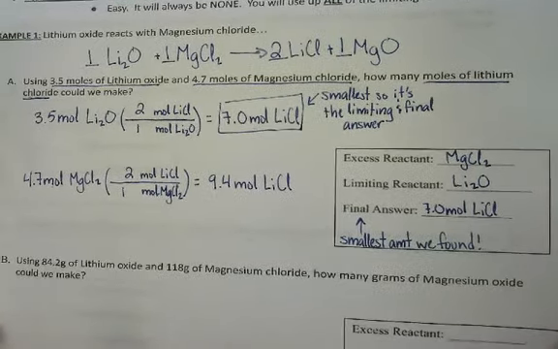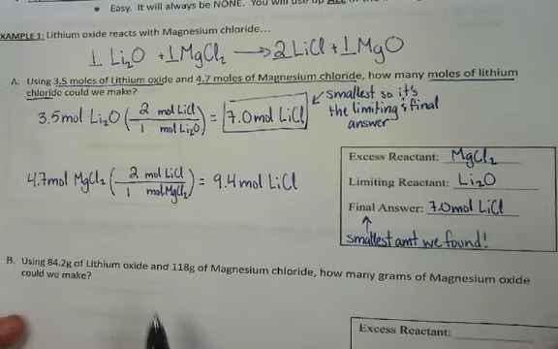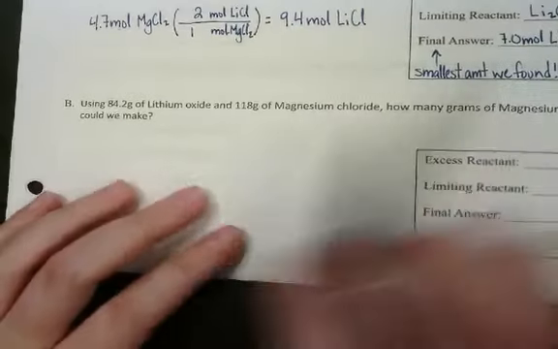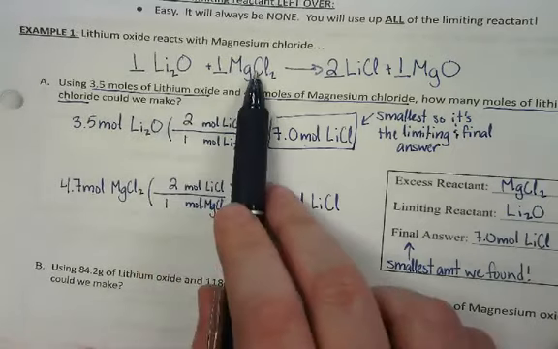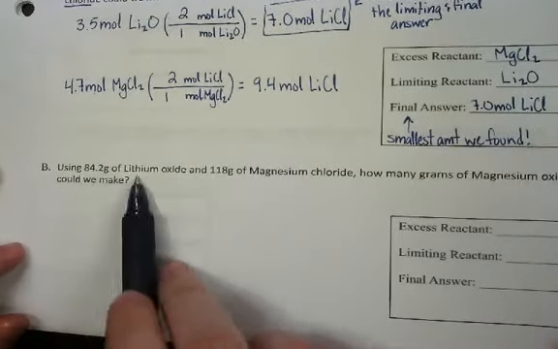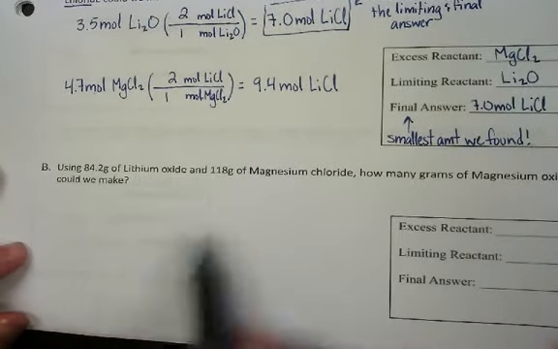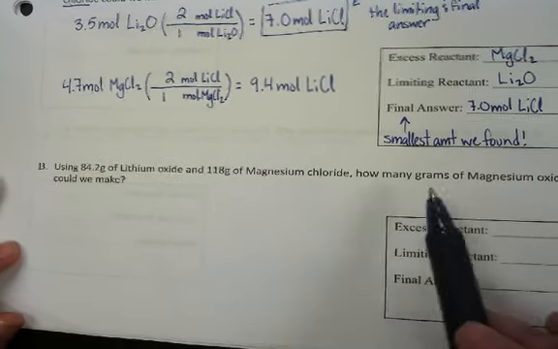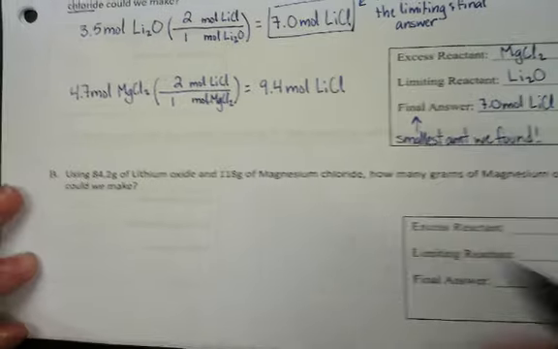Okay, we're going to do this one more time, but now we're going to go from grams to grams. So we're using the same reaction, lithium oxide plus magnesium chloride, to get lithium chloride and magnesium oxide. We're going from 84.2 grams of lithium oxide and 118 grams of magnesium chloride, and we're solving for grams of magnesium oxide.